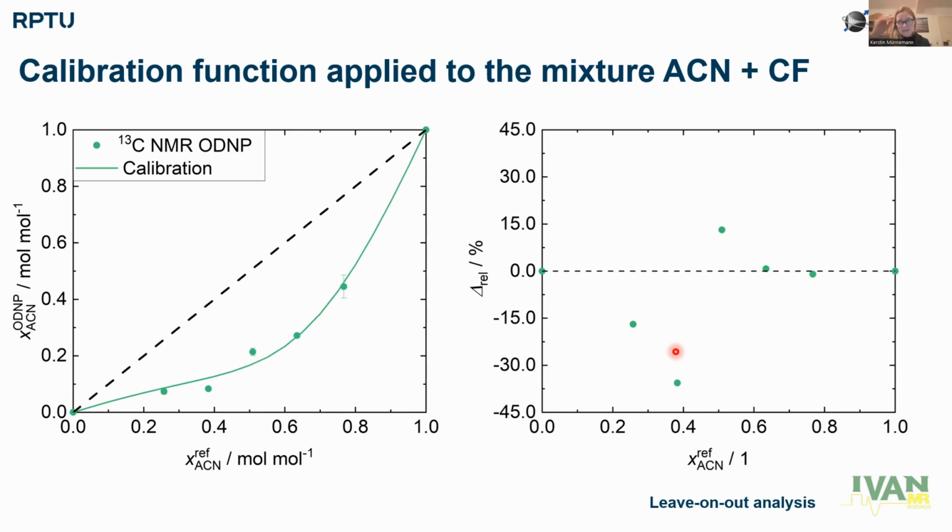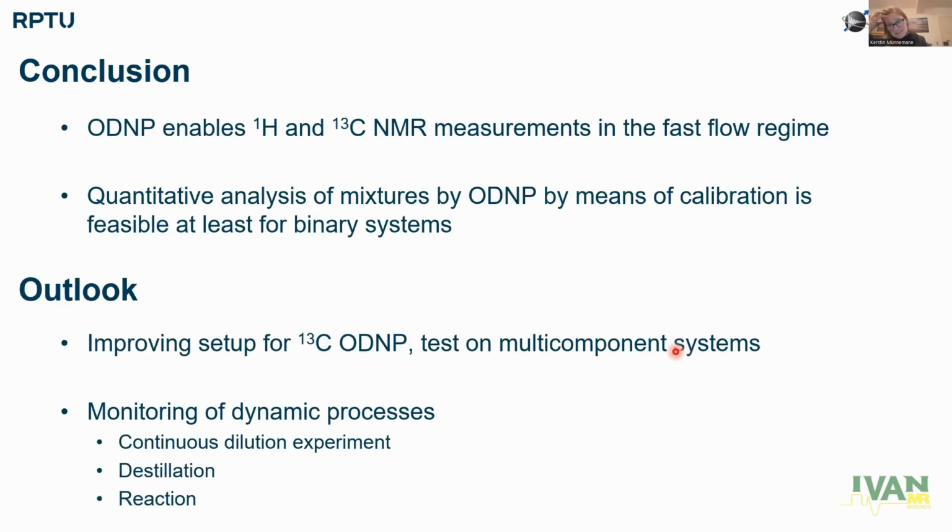Okay, and with that, I'm already at the end. So I think that I have shown you that ODNP enables 1H and carbon-13 measurements in the fast flow regime, and we are starting to do a quantitative analysis in these samples.